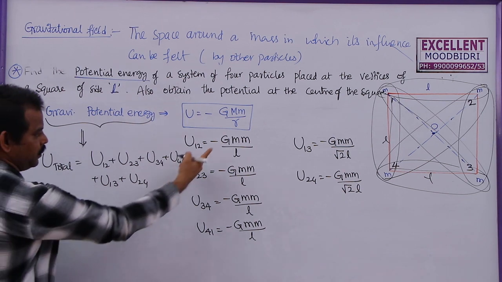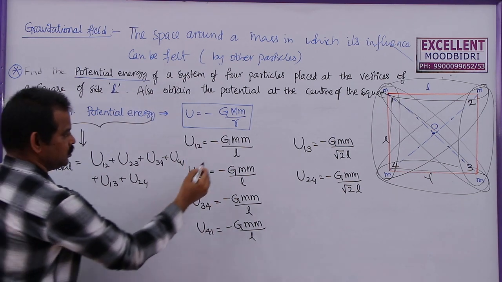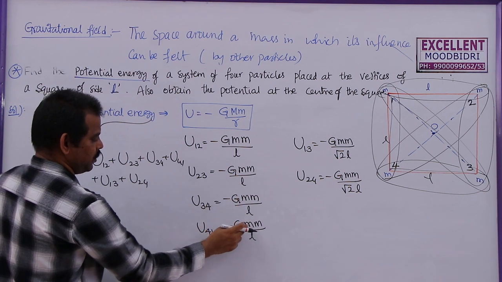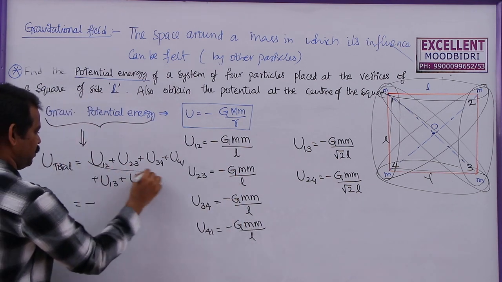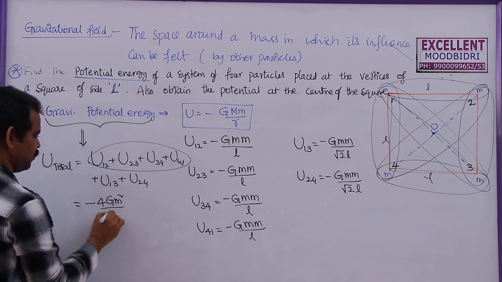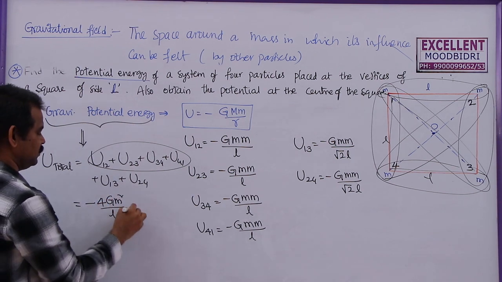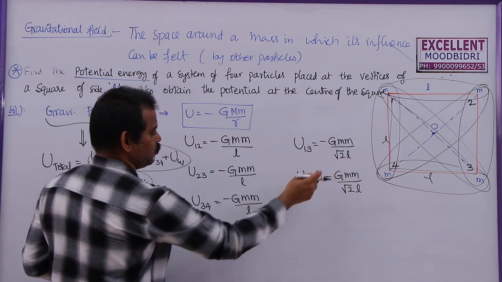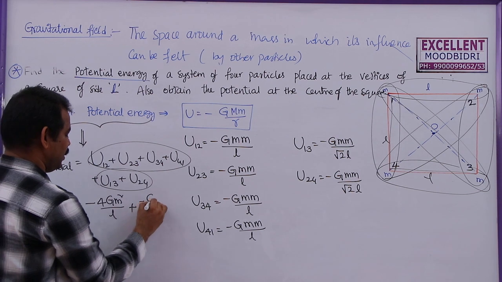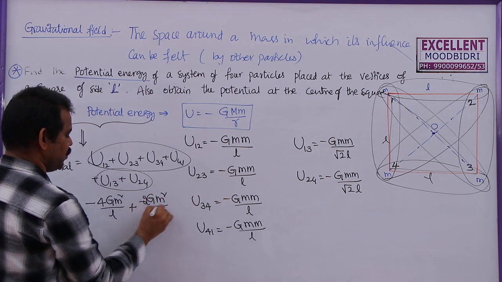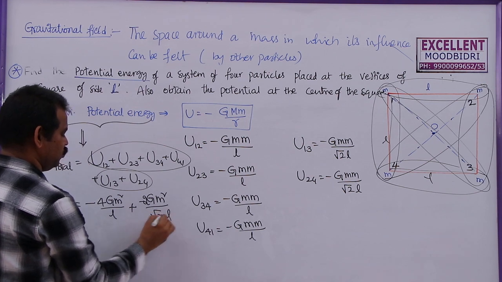These four are similar, which is going to be minus G m square by L, minus G m square by L, minus G m square by L, minus G m square by L. So the sum of these four will become minus 4 G m square by L, plus the sum of these two energies: minus G m square by root 2 L, minus G m square by root 2 L, that is minus 2 G m square by root 2 L.